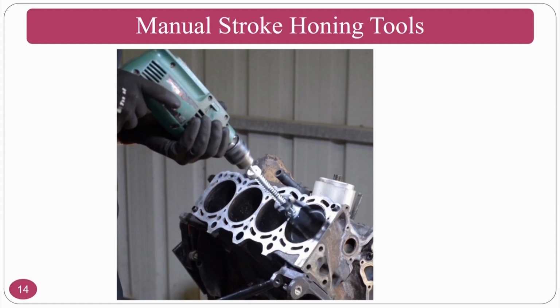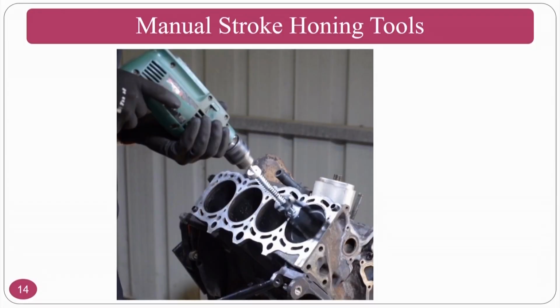That is mandatory, because the portable drill machine can give only the rotary motion, it cannot give reciprocation motion. In that circumstance, the operator has to give the reciprocation motion, so that you can execute both motions, rotary as well as reciprocatory, and this is called the manual stroke honing process.